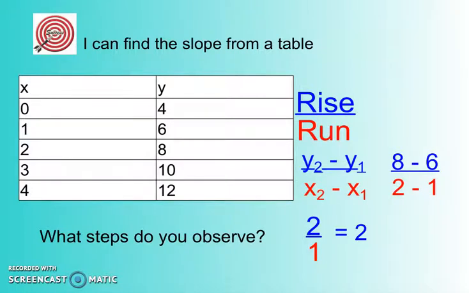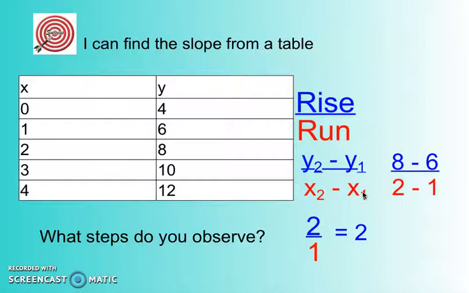Well, first of all, what steps do you observe, and are they similar to what we've done in the past videos? Well, I notice that we are finding the difference between the y's and finding the difference between the x's, which is similar to the previous videos.